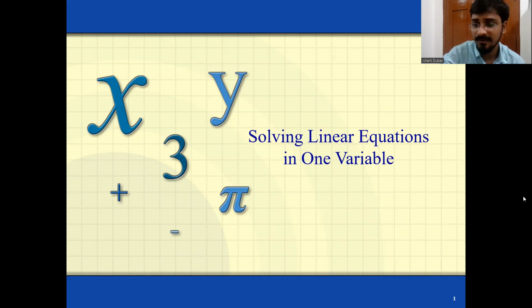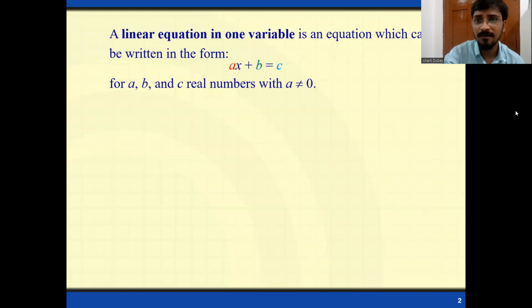First of all, you should know what a linear equation is. Do you have any idea? Yes, friend? As you can see on the screen, a linear equation in one variable is an equation which can be written in the form ax plus b equals c, where a, b, and c are real numbers.